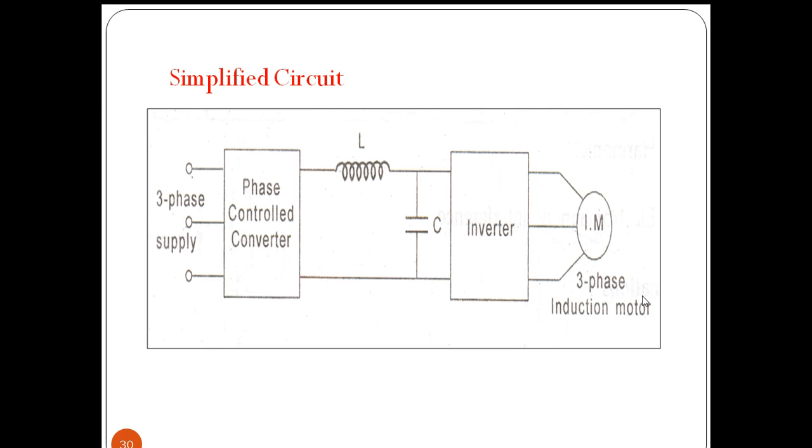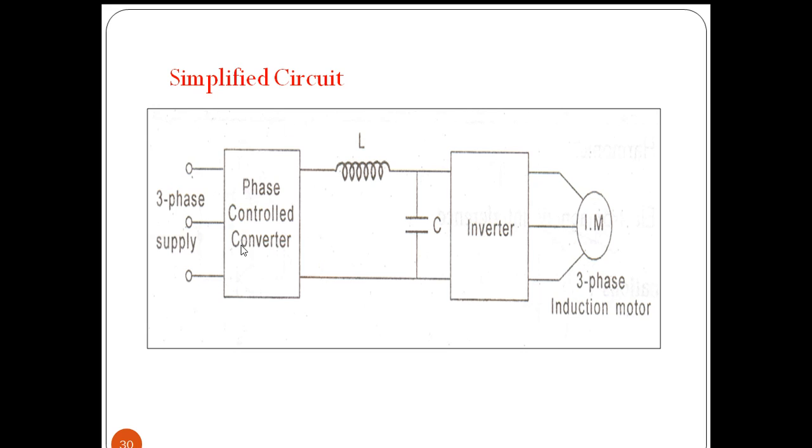Then the filtered DC is fed to the three-phase inverter as input. By varying the firing angle of the inverter bridge thyristors, a variable three-phase AC output voltage is obtained from the inverter bridge, which is fed to the three-phase induction motor for its speed control. So this is the speed control simplified circuit.